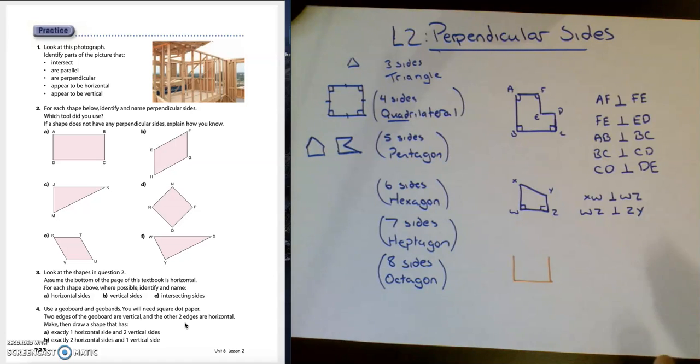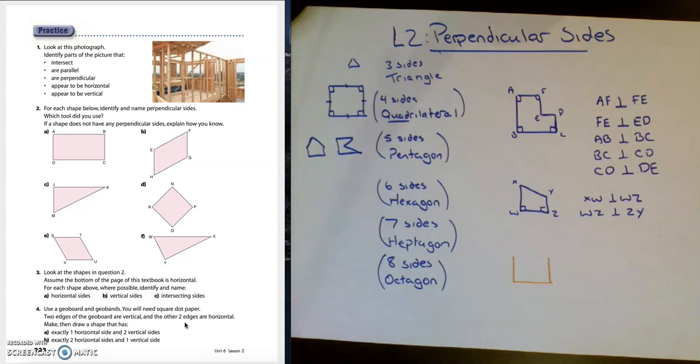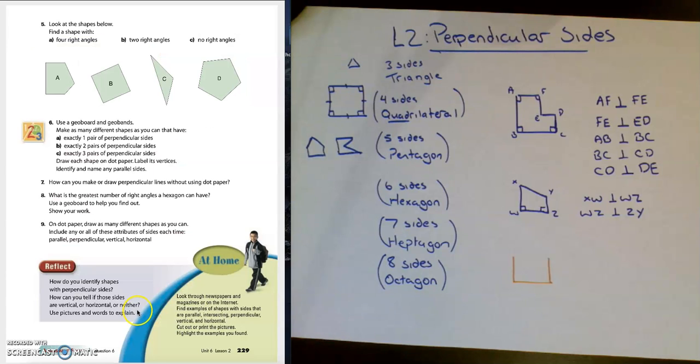So you could draw 2 more sides, you could draw 1 more side. You can make this longer or shorter, but you can only have 2 verticals, 1 horizontal. Same thing with this bottom one. You can have 2 horizontals, or 1 horizontal, 2 verticals. This one, 2 horizontals, 1 vertical. Whatever you do after that is up to you.